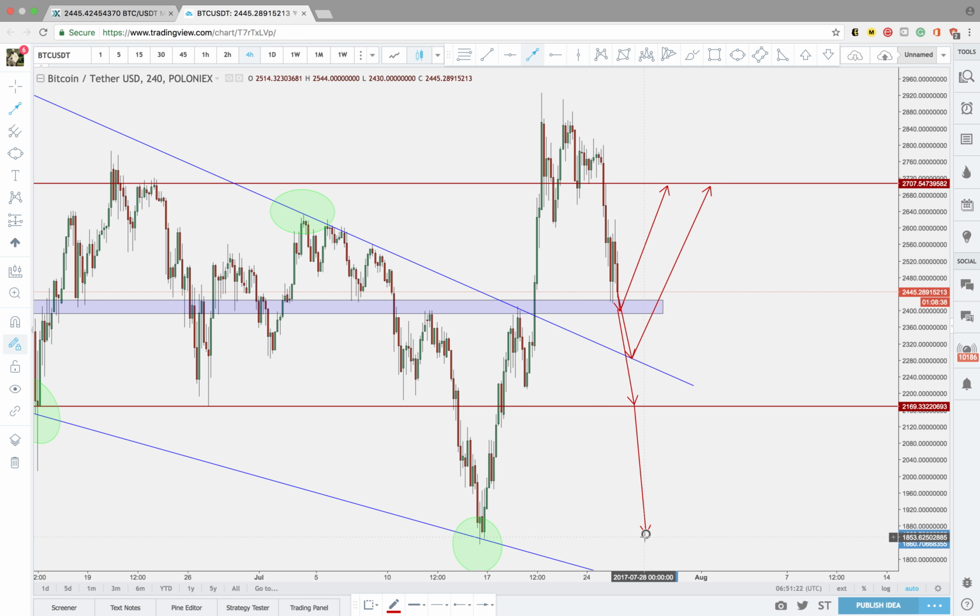Because as we know, news is coming on 31st of August about the hard fork and the soft fork, that news about Bitcoin. So it can make a big impact on the Bitcoin price as well.